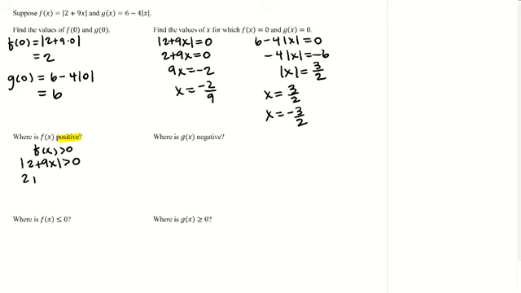So I'm going to say 2 plus 9x is not equal to 0. Okay, because if 2 plus 9x was equal to 0, its absolute value wouldn't be greater than 0, or it wouldn't be positive. So I'm going to say 9x is not equal to negative 2, and x is not equal to negative 2/9.